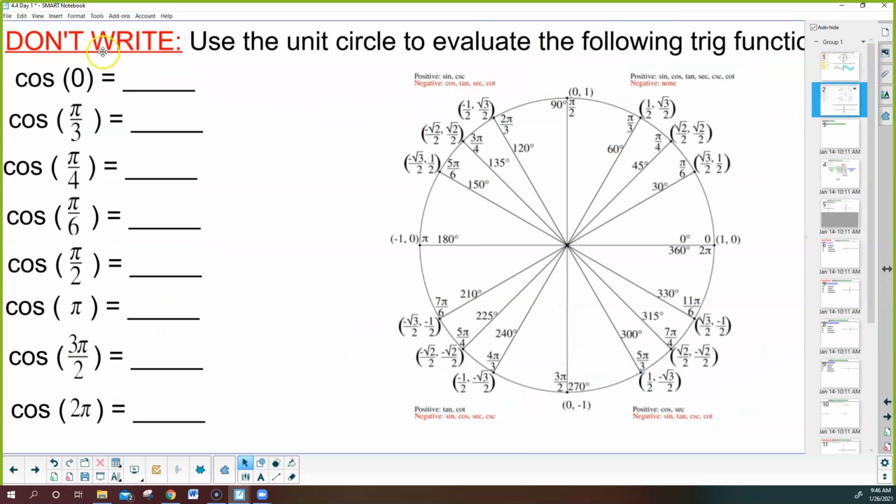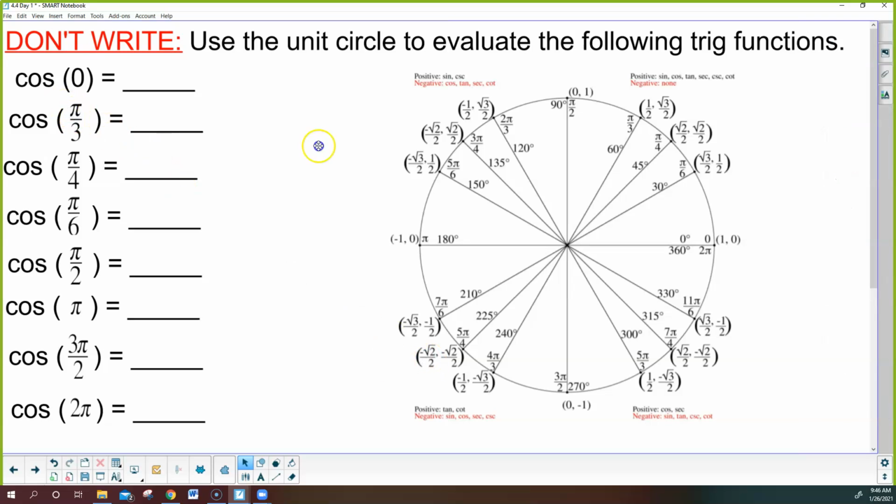All right, I don't want you to write this, and actually we're going to just look at it very quickly. What if I wanted to do the graph of cosine? Okay, well, cosine we know is different than sine, and if I have my ordered pairs on the unit circle, now I just put this here, but we could generate it very quickly.